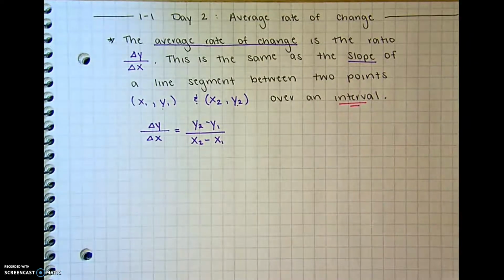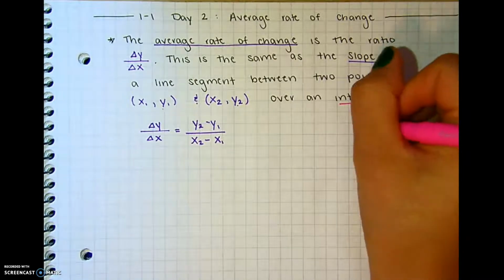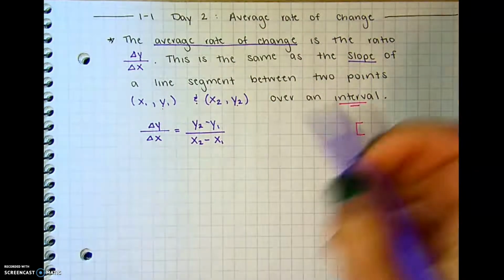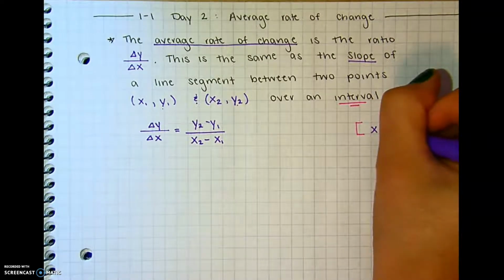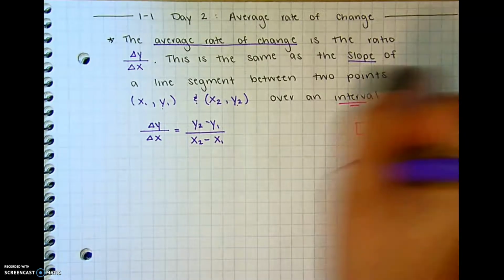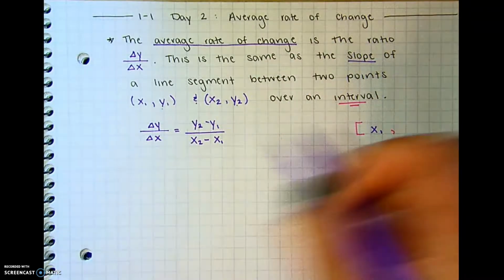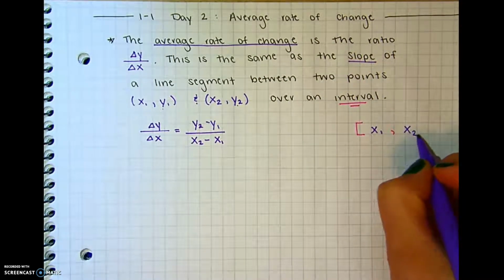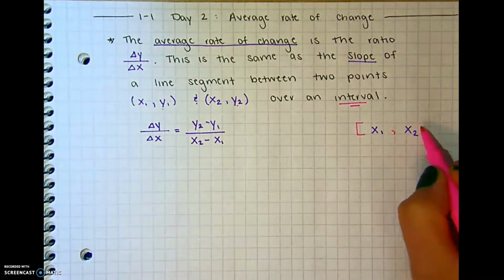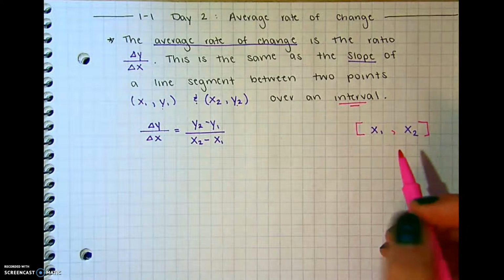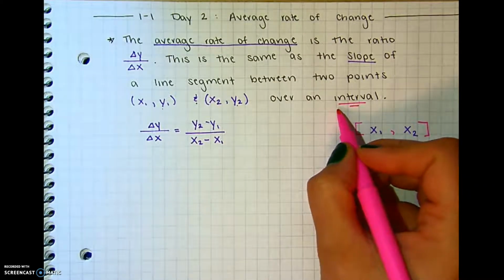So I'm going to give you an interval like this, and it's going to be from left to right, so from an x value to another x value, which we'll call x2. So I'll say from here to here, what is the average rate of change?